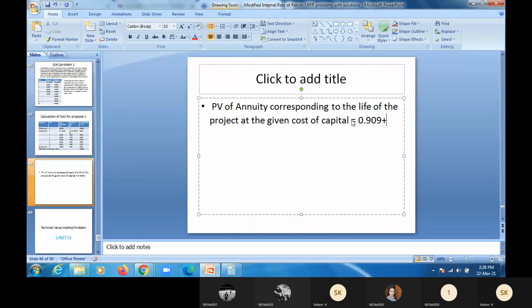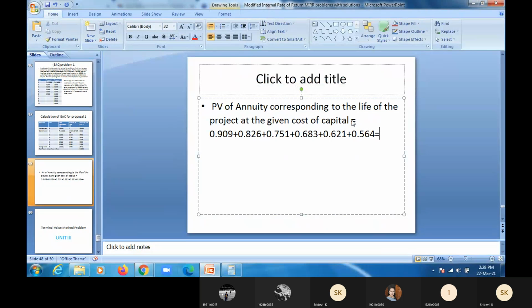Sum up all those values: 0.909 plus 0.826 plus 0.751 plus 0.683 plus 0.621 plus 0.564.